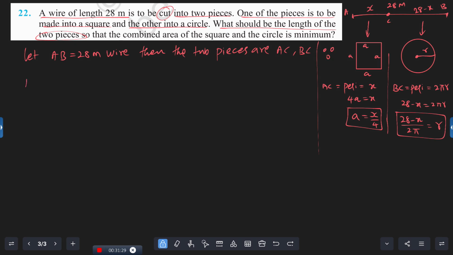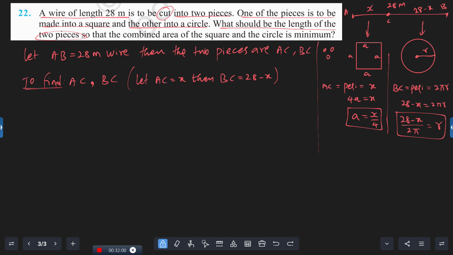What should be the length means to find AC and BC. AC means x, that we know. If we find x, that means AC. Don't forget. Or else, since you mentioned let AC be equal to x, then BC is equal to 28 minus x. Don't forget. Then if we find one value x, everything will be found. That's it. Very simple.